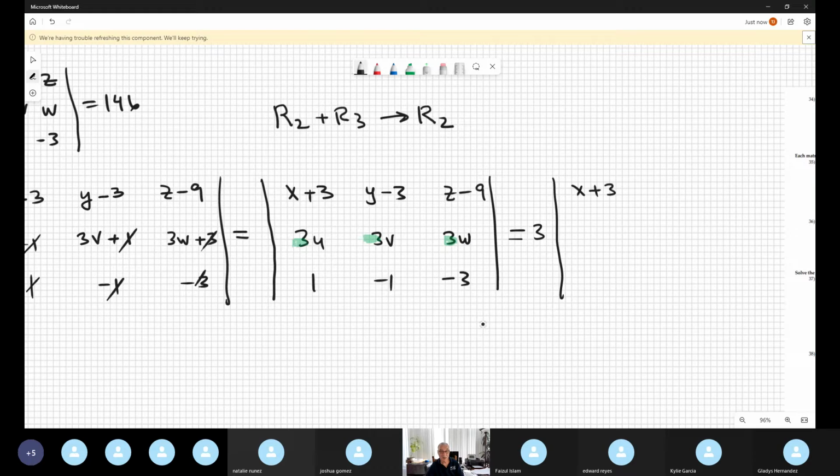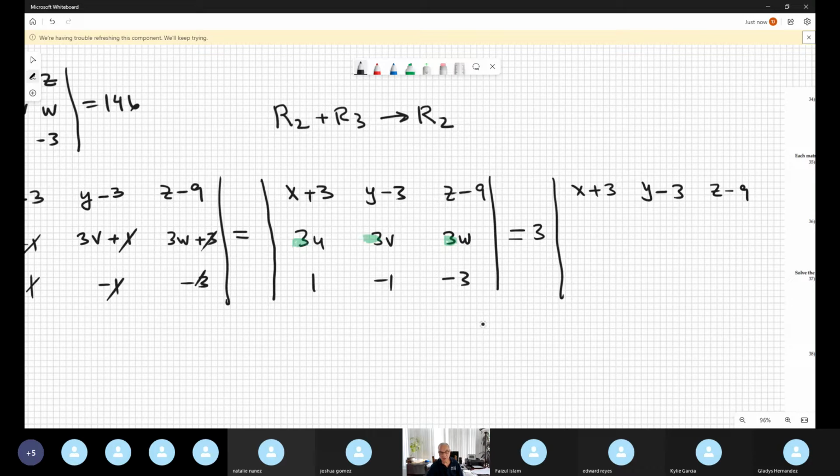This is not valid in a matrix, but it's valid in the determinant, because a matrix is different. When you multiply one matrix times one scalar, you multiply every element inside the matrix by this. And in a determinant, no. In a determinant, you multiply outside the value.